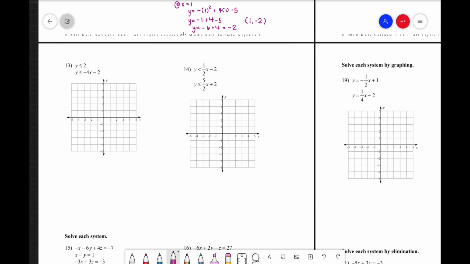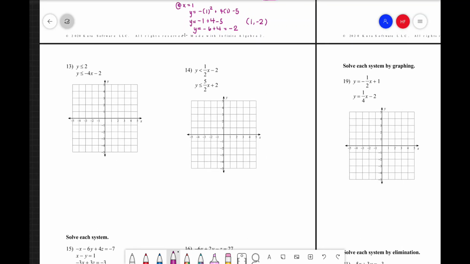So we'll do another one, number 14. We have a line that starts at -2. And when I say starts, I don't mean that we're only to the left or to the right of that y-intercept. I mean that when I'm graphing it, I'm going to start graphing by going to the y-intercept of -2. And then we have a slope of 1/2, so we'll go up 1 to the right 2. And to go to the left of that y-intercept, we'll go down 1 to the left 2.